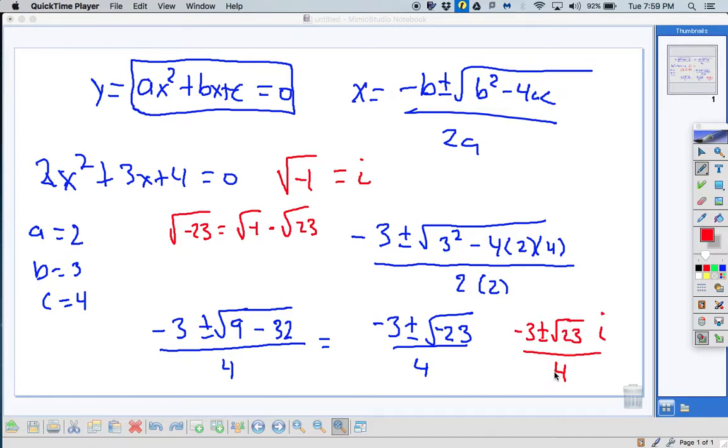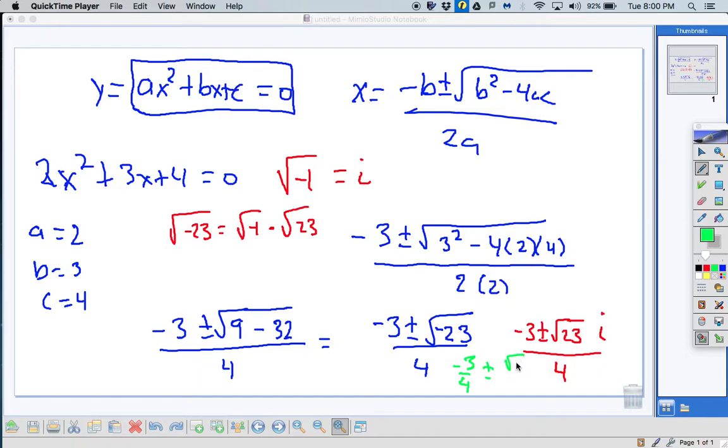If you want to be a level 4, we're going to separate the plus or minus out into 2 separate equations with what's called a real part and an imaginary part. So it just means separate it out. And you can see right here you have negative 3/4. So again, I'm running out of space. I'm going to switch the colors on us. So we have negative 3/4, plus or minus, and then whatever is left, we're going to divide that by 4.